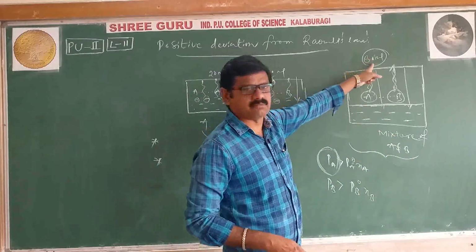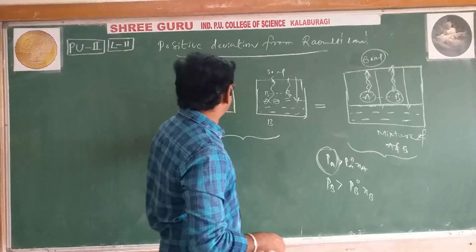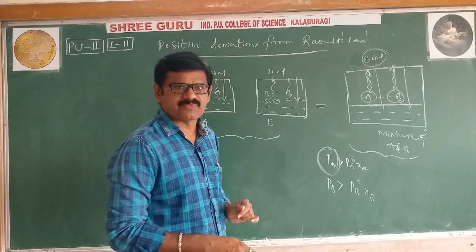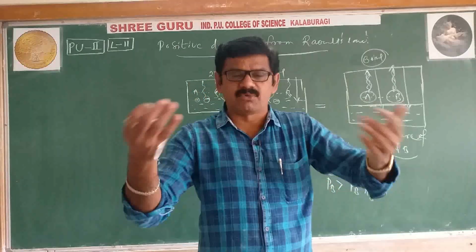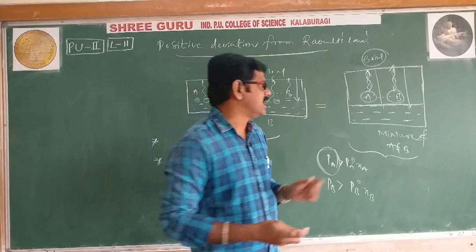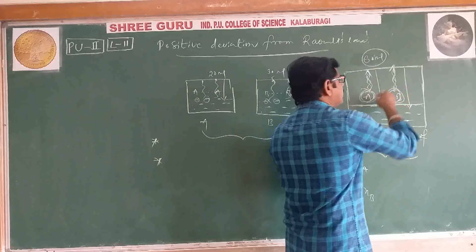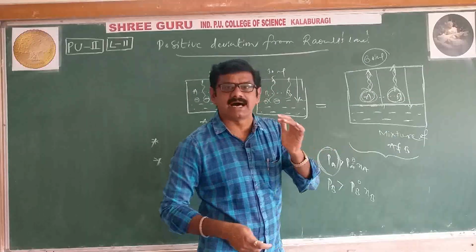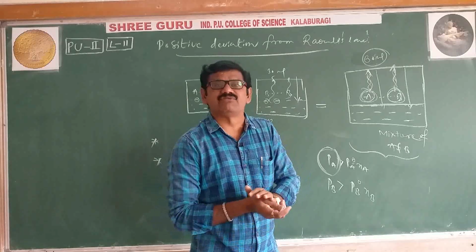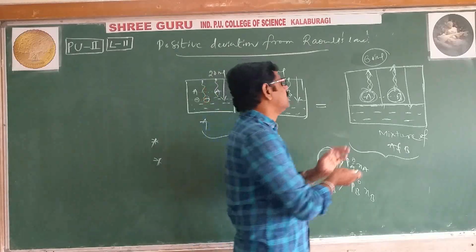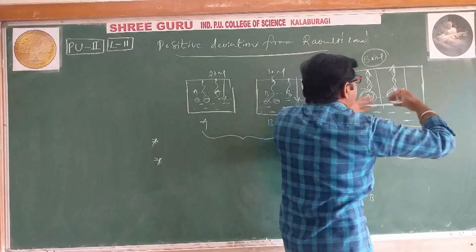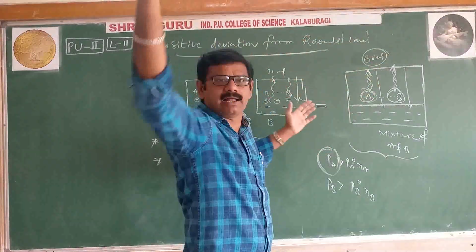Sir, why is it more volume? Here 20 and 30 means we are expecting 50, but it is more than 50. Why? Very simple, because between A and B, attraction forces are weak. Because of weak attraction forces, A and B occupy more volume.